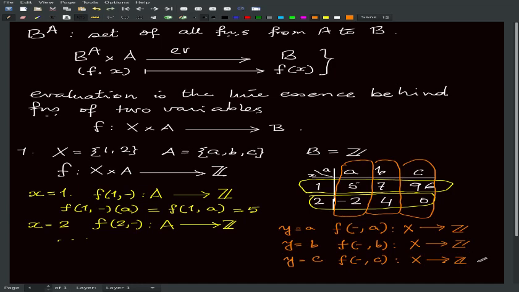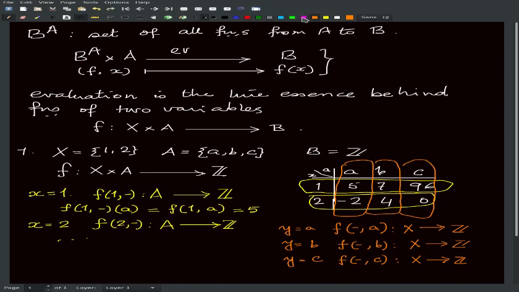So you see now there are 6 functions. One says you fix your row, or one says you fix your column.